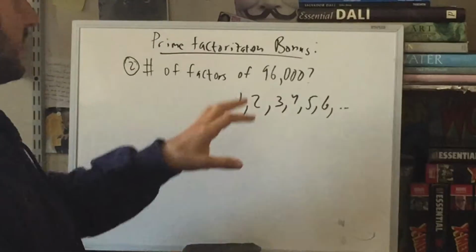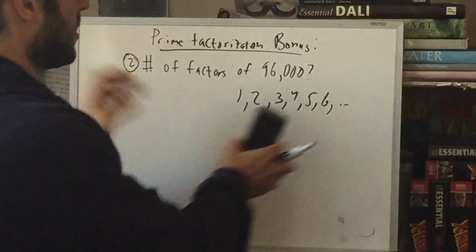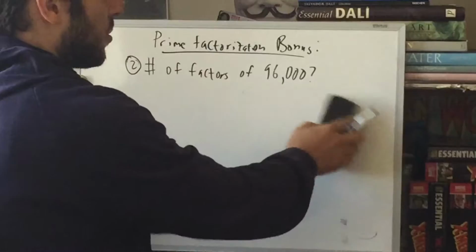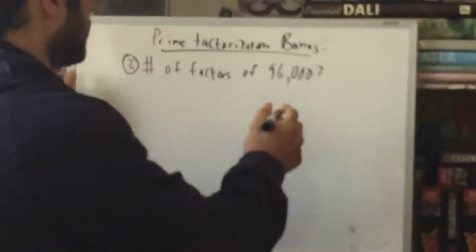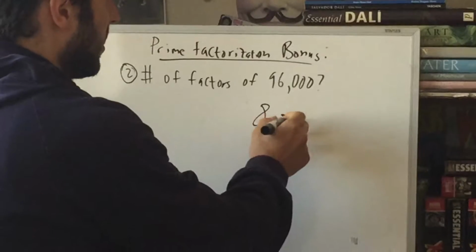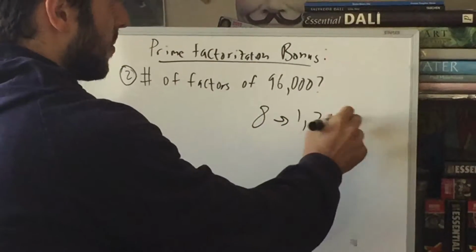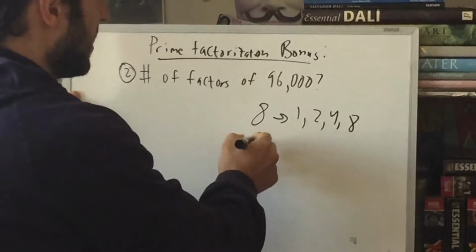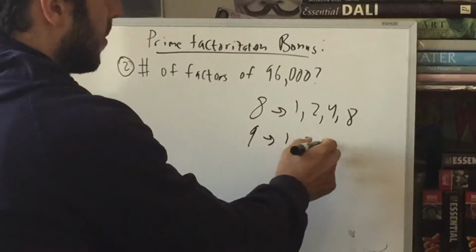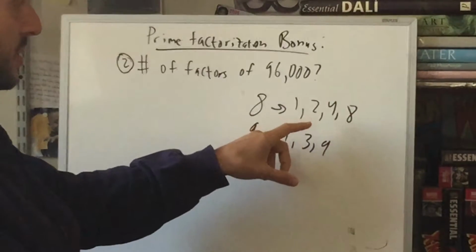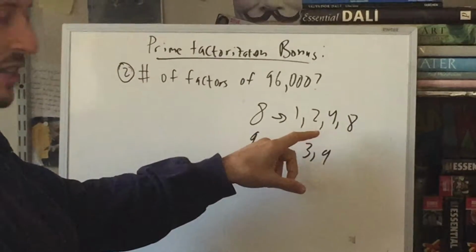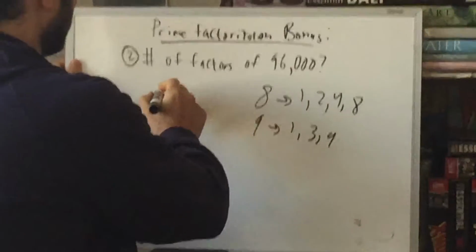So rather than try attacking this problem, we're going to explore a new idea, which is start small and look for a pattern. So let's take a number like 8 and list its divisors. How about 9? Now, this is fine, but let's think about these numbers in terms of prime factorizations. What is 8?